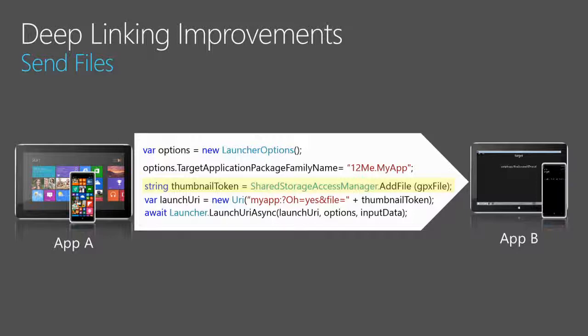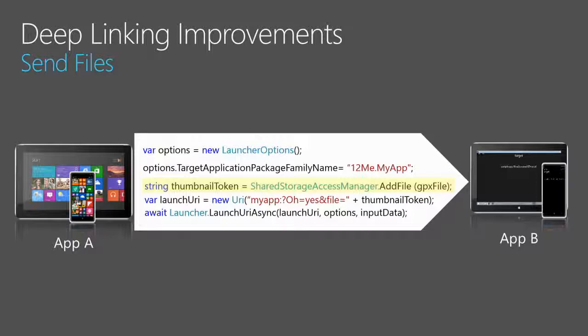So you can access your app hive, and in additional enhancements now you have a family hive for your family of apps, but you can't go beyond that. So you can't just go to some random location on the C drive without bringing up a user interface that the user can then specify where they want to go, and then you still only get a storage file that doesn't tell you the path. Okay? So that's a security feature.